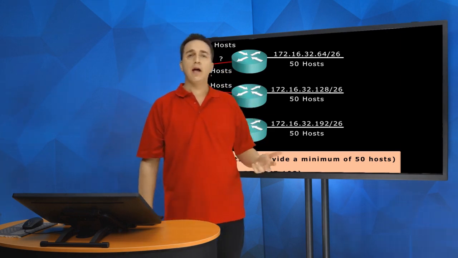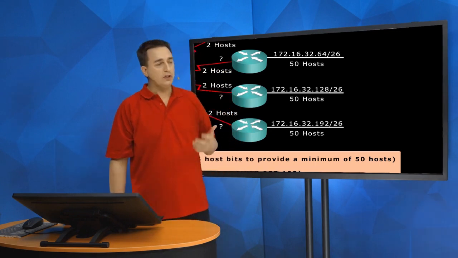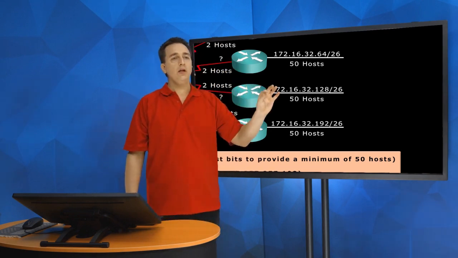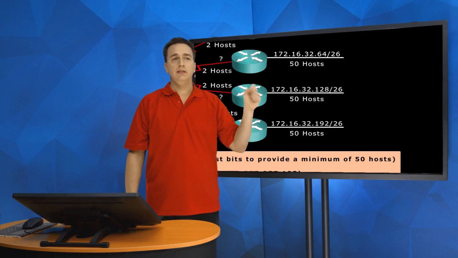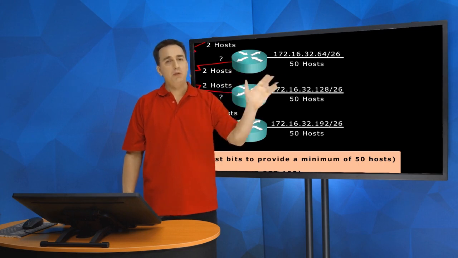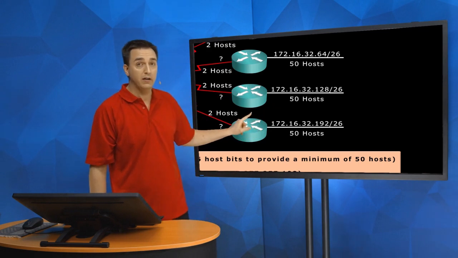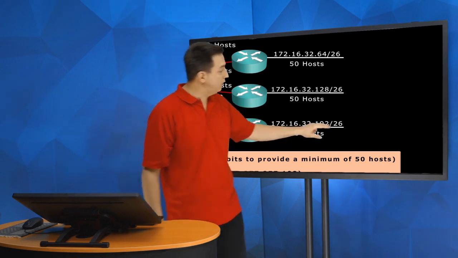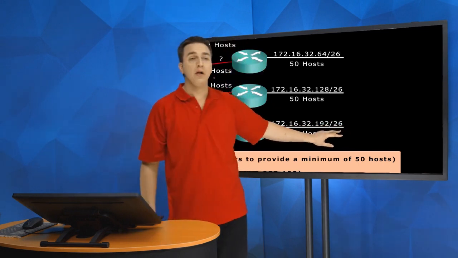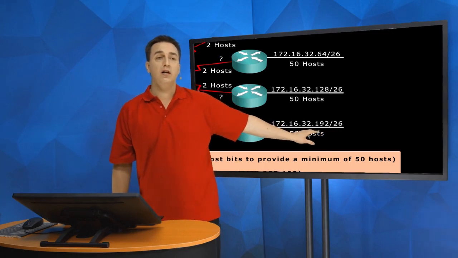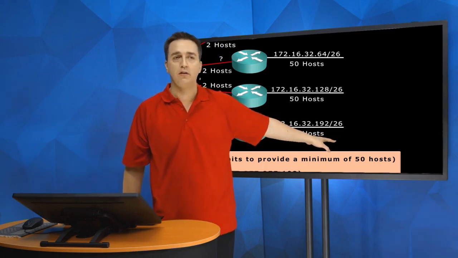So how do we figure that out again? Well, you just simply determine where the very last one is in that subnet mask in binary and whatever that decimal value is. Or you can take this shortcut right here: take the value 256 and subtract it from that most significant octet. In this case, the most significant octet is the very last octet because that's the one we're counting in.